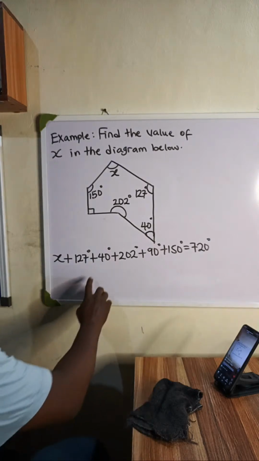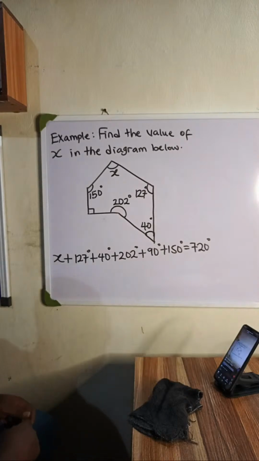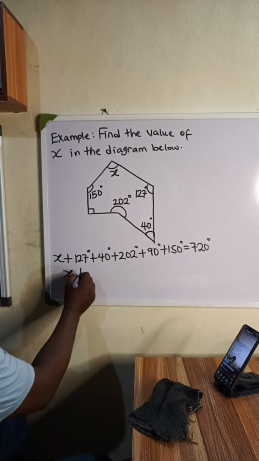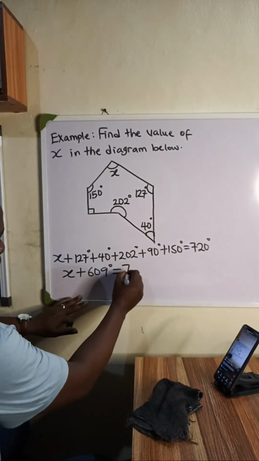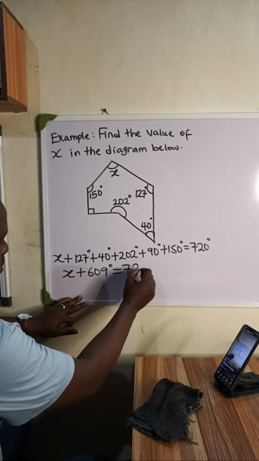When you add all these angles together, you are going to have 609 degrees. So x plus 609 degrees is equal to 720 degrees.